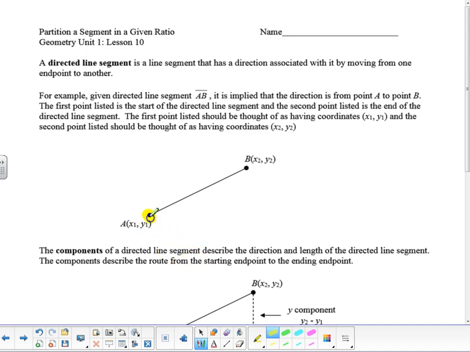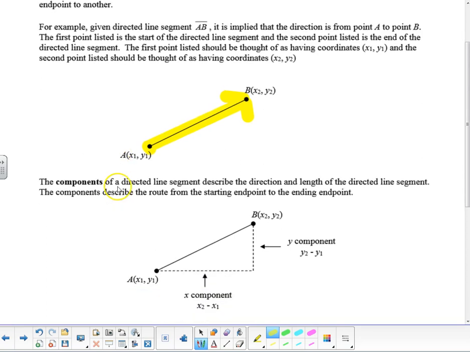So here, A, the first point listed, should be thought of as having coordinates x sub 1, y sub 1, and the second point should be thought of as having x sub 2, y sub 2. What I'm saying is the direction of the line segment is going from A towards B, and that direction is going to matter.